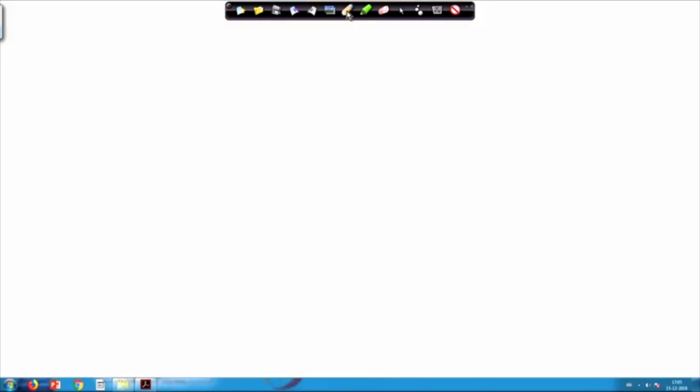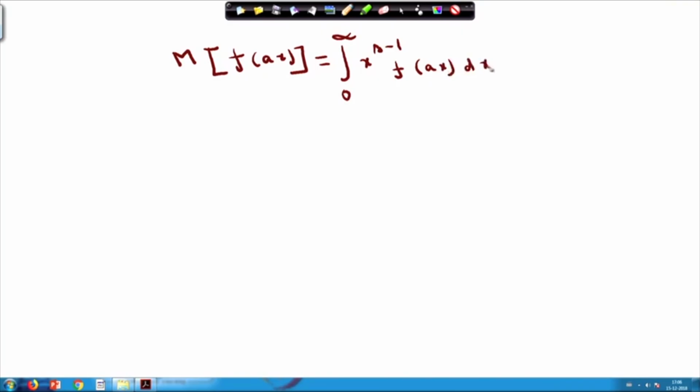Let us see the proof of this. Let us start with the Mellin transform of f(ax). From the definition you can write this as the integral from 0 to infinity of x to the power s minus 1 into f(ax) dx.